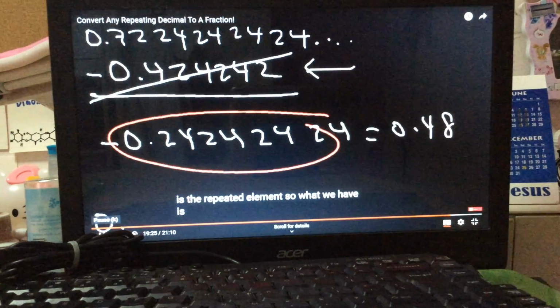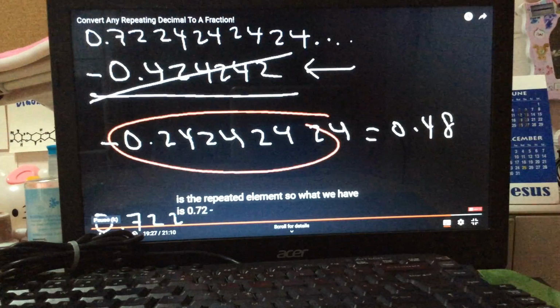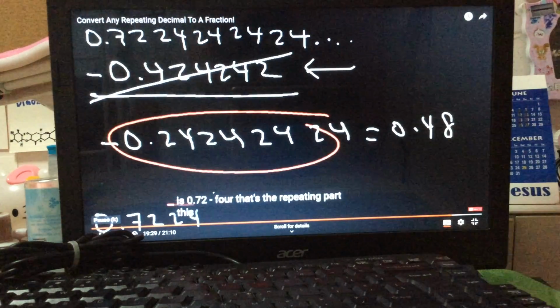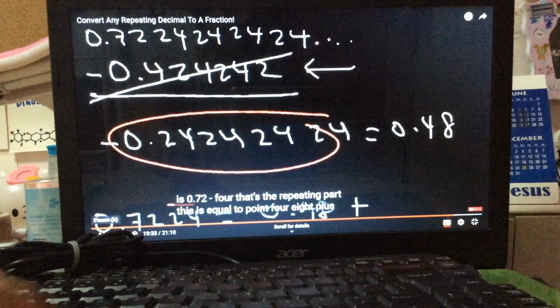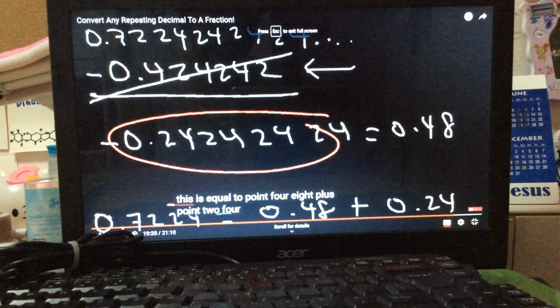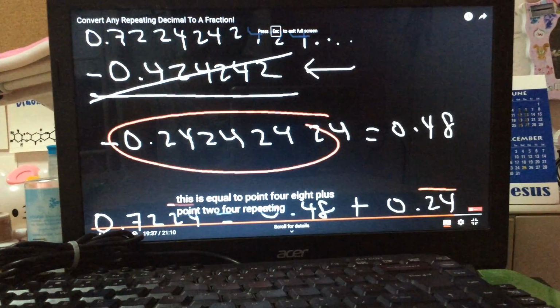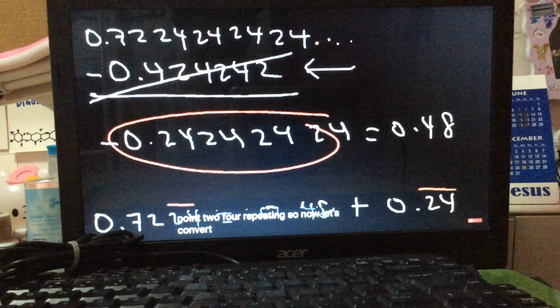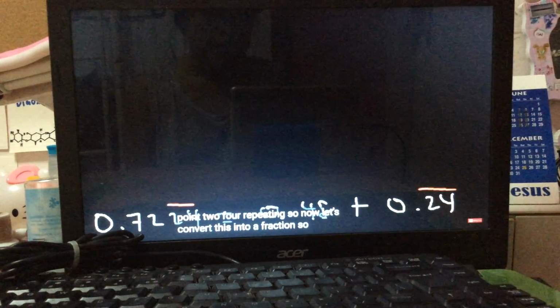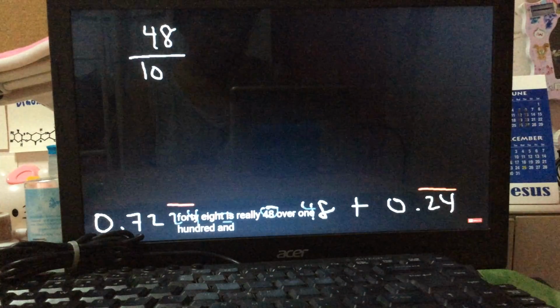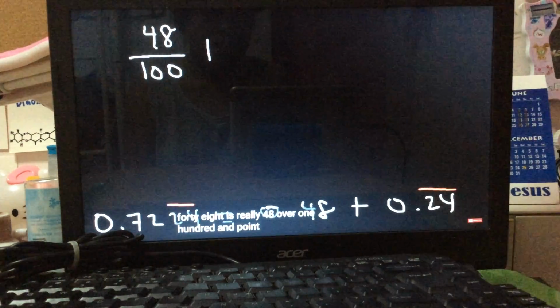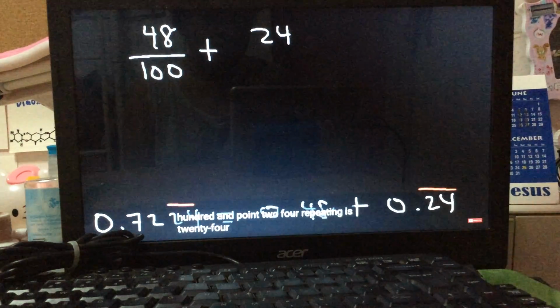So what we have is 0.7224, that's the repeating part. This is equal to 0.48 plus 0.24 repeating. So now let's convert this into a fraction. So 0.48 is really 48 over 100. And 0.24 repeating is 24 over 99.